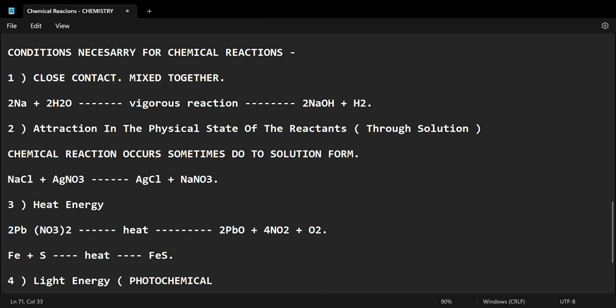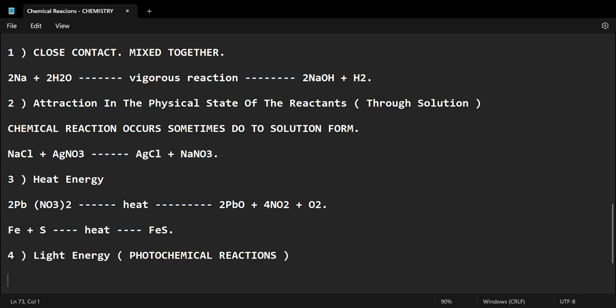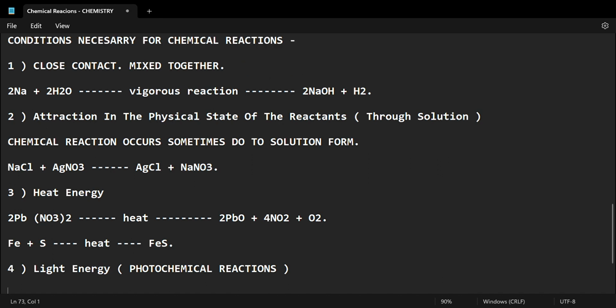Example, photosynthesis. Photosynthesis is a chemical reaction in which food, which is glucose, is prepared by the green leaves of a plant, but light is necessary for the reaction to take place.